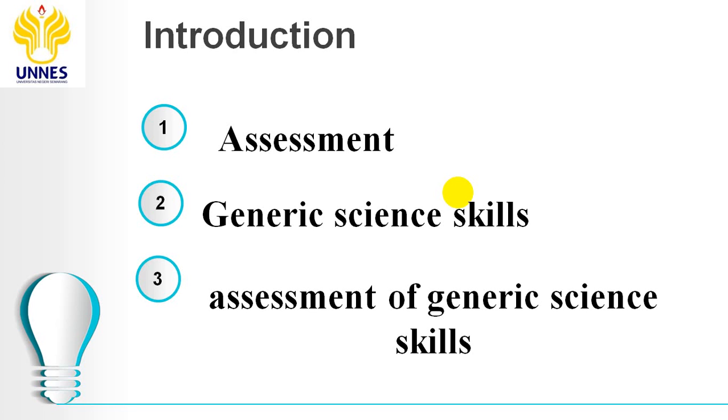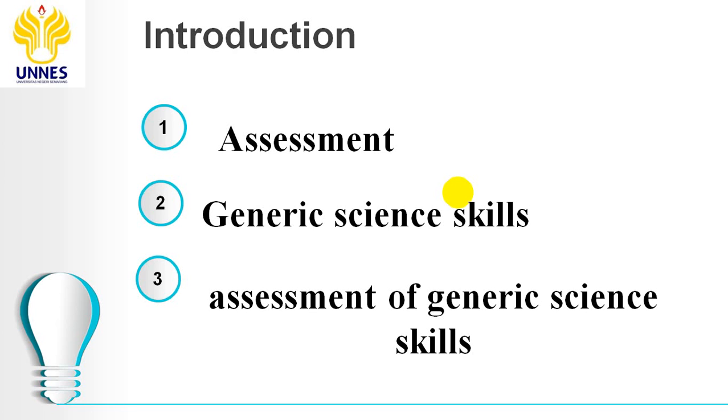The assessment of generic skills can be done through tests and through practicum. In the test, questions are given with multiple choice and essay types with integrated science generic skills. The assessment model with practicum can be taken from some of the generic science skills in the applied practicum.